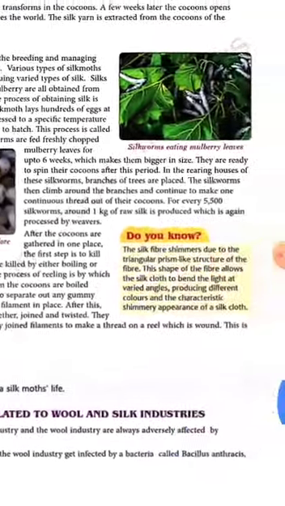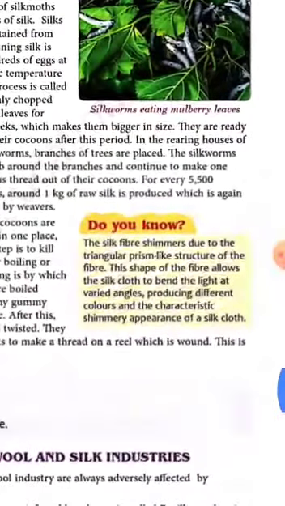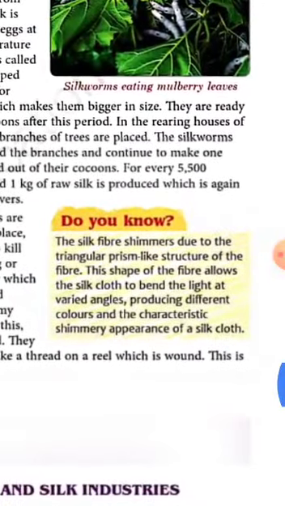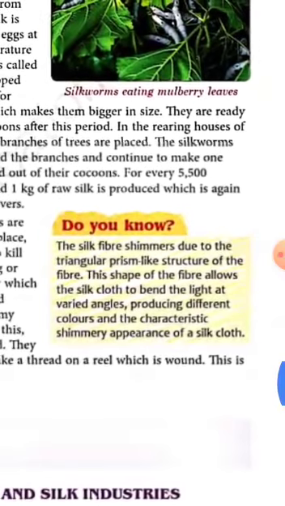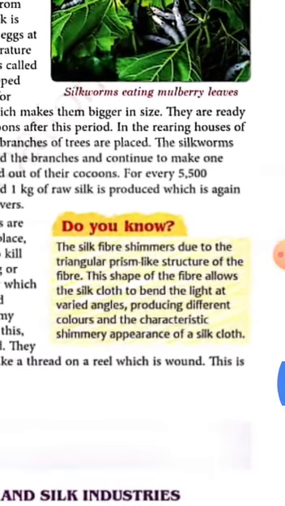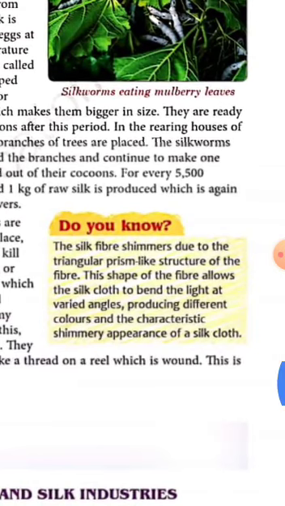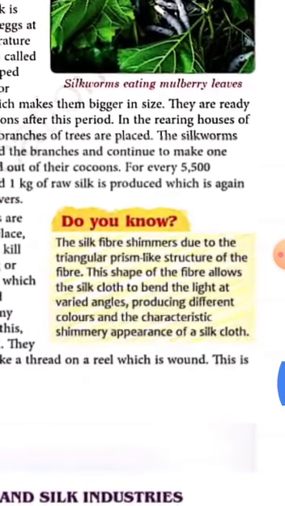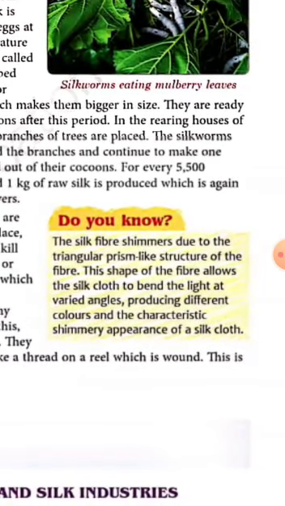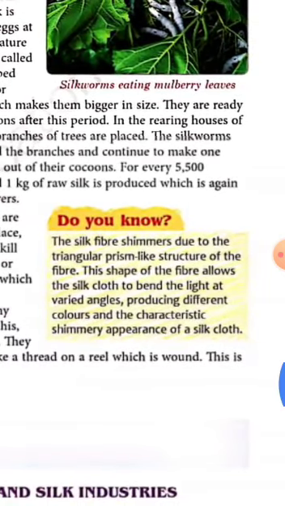Now here it is given. Do you know? The silk fiber shimmers. Shimmers means it sparkles. It has a shining appearance, just like the twinkling of stars in the sky. Why does silk fiber shimmer? Due to the presence of a triangular prism-like structure.